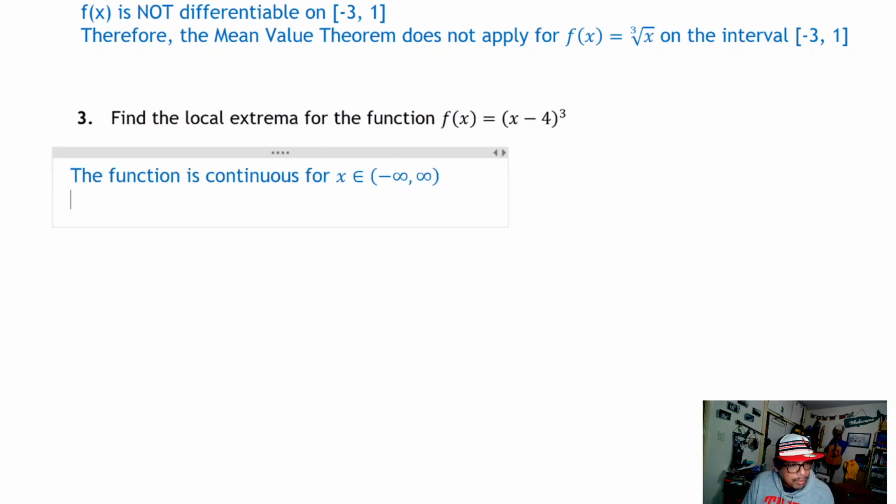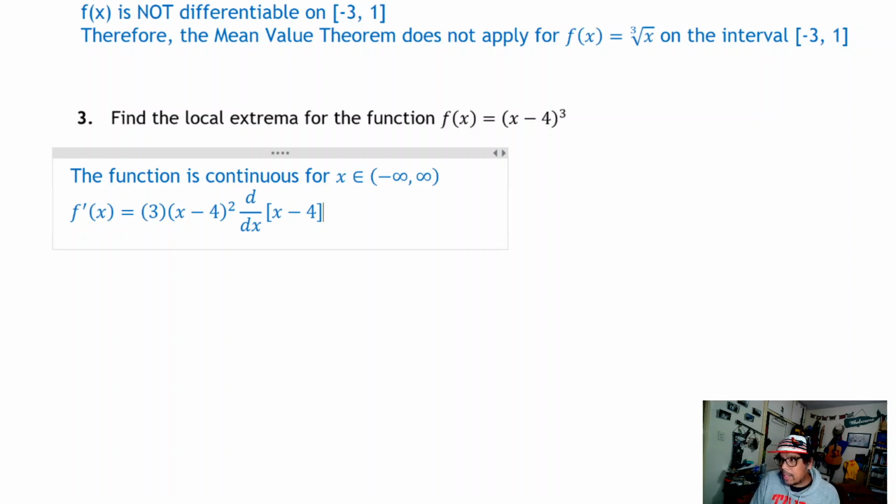Our first consideration is to say that the function f of x is continuous for all x between -infinity and +infinity, which means that we don't have any place which would be either a cusp or a break. So we can purely look at critical numbers as places where the derivative is equal to 0. Speaking of, where are those critical values?